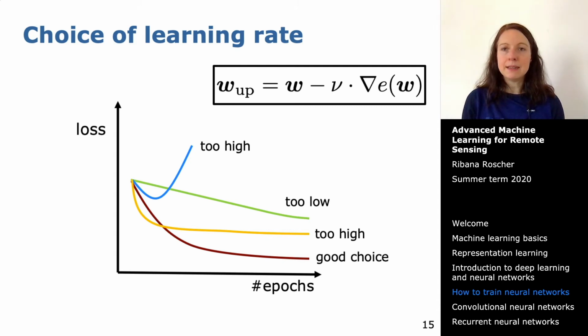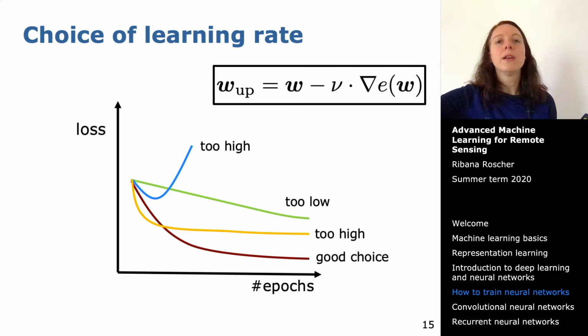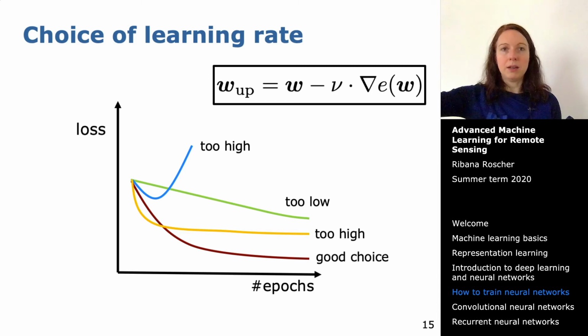When you apply too much of the gradient, you're not moving in a small local area in the loss landscape, but you overshoot, and you end up with a higher loss function value than before. So you need to be careful how fast you proceed with your optimization.